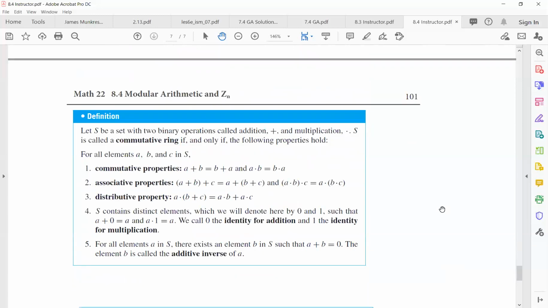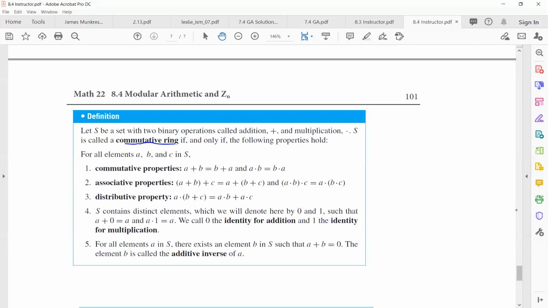Very well. And the last definition: suppose S is a set with two binary operations, addition and multiplication. S is called a commutative ring if and only if the following properties hold. First of all, addition is commutative. a plus b is the same as b plus a.